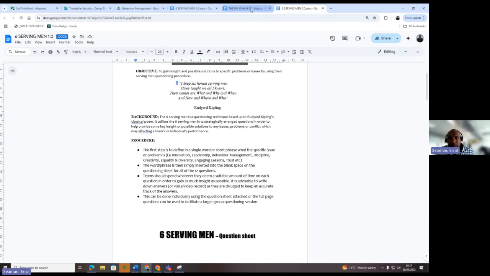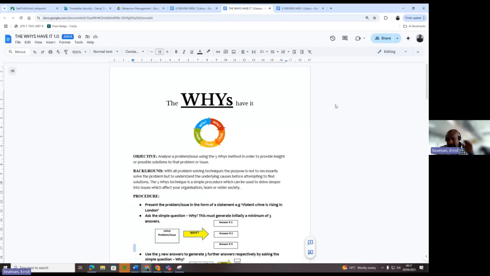Not this one here. Okay, so I'll share a very simplistic type of resource. There are times where we may find it difficult to deep dive and probe into a particular topic question in order to help the students analyze that particular problem or issue.